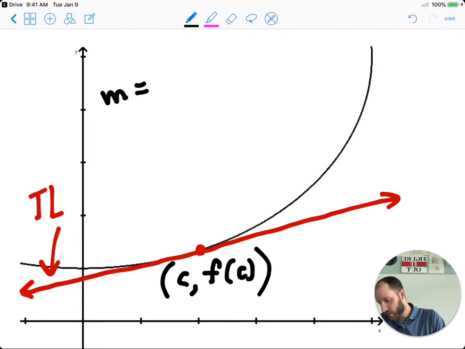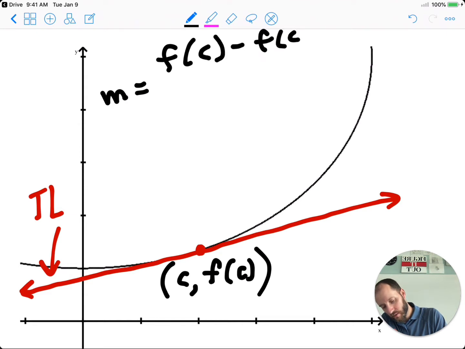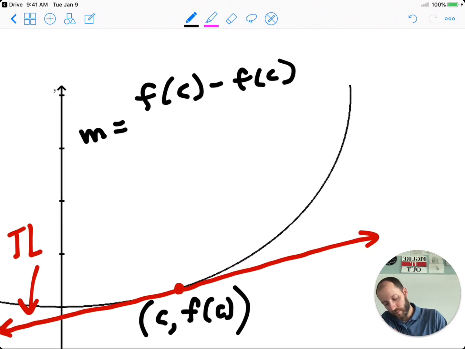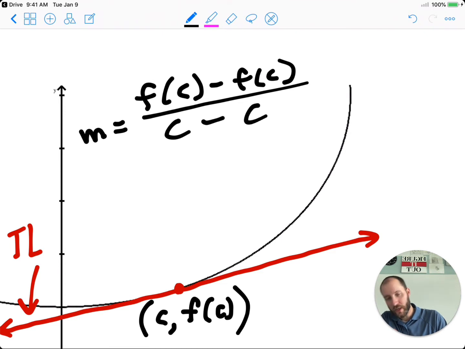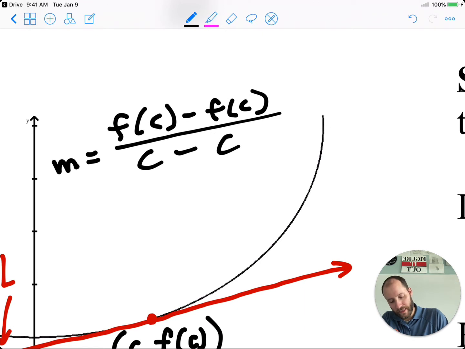Slope, as you know, is delta y over delta x, so y2 minus y1 over x2 minus x1. But in this case, y2 and y1 are the same point. x2 and x1 are also the same point. So f of c minus f of c gets you 0. C minus c gets you 0.